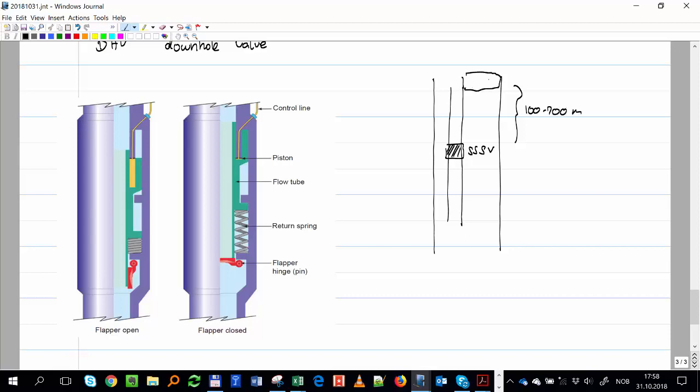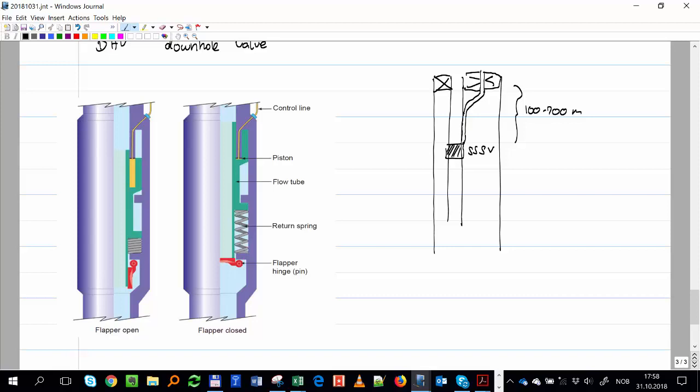Then you have this tubing hanger, which is a bit deformed here in this case, and you make a hole through this hanger to pass that hydraulic line and send it very close to the tubing to feed the SSSV.